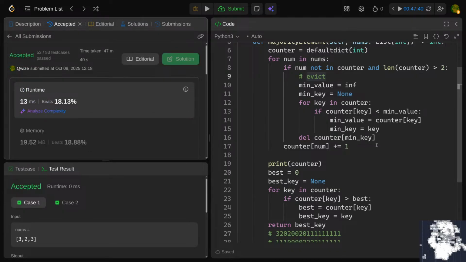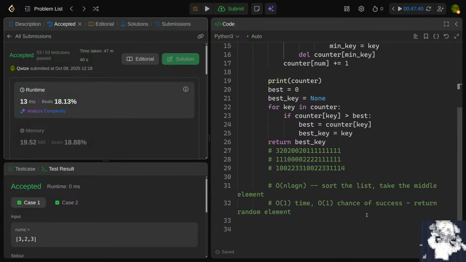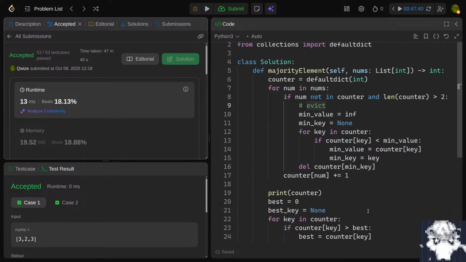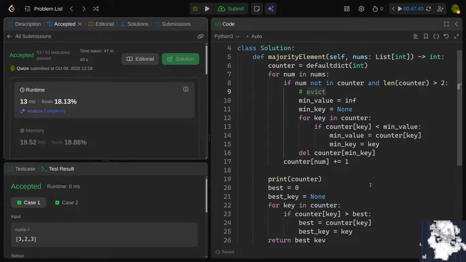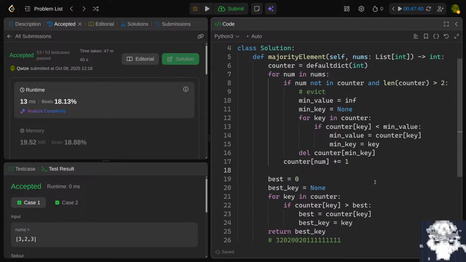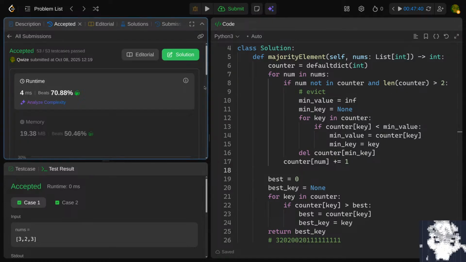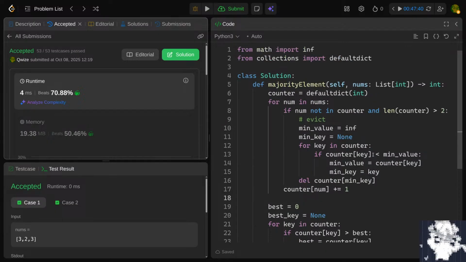But I'm not happy with this because I didn't prove... I don't actually have a proof that it's impossible to construct an input where I would fail to find the majority element.